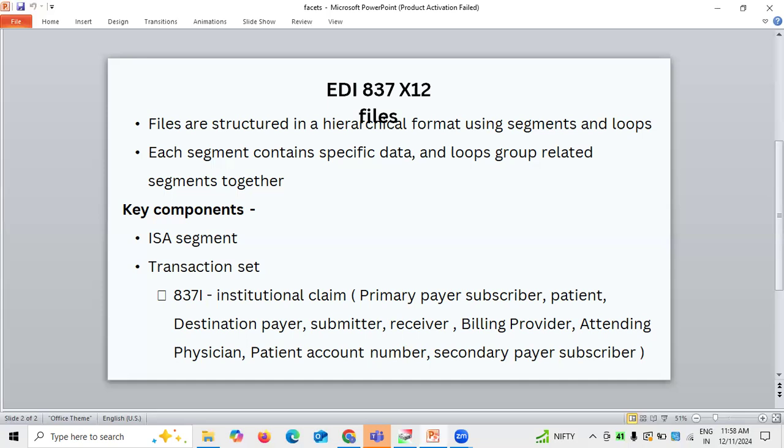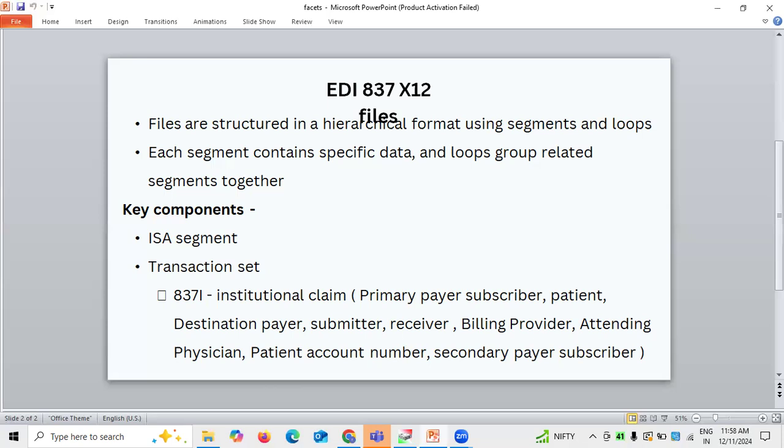Next is the patient. This is almost the same as the primary subscriber, if the person is the patient. Next, the destination payer, whichever plan we are using: Medicare Plan A, Plan B, Plan C, Plan D, all that.